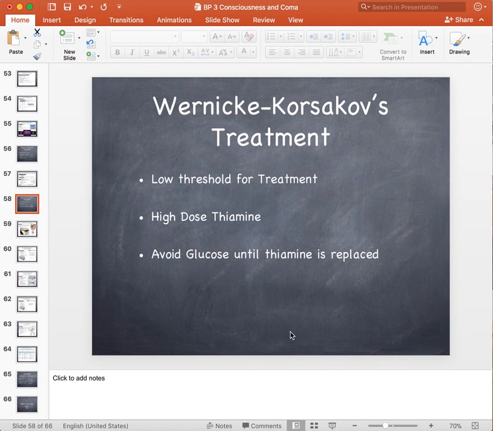TPP, thiamine pyrophosphate, is a cofactor in about 5 of those different enzyme pathways. So if you give too much glucose, you just put a lot of substrate in, and you exacerbate the already present thiamine deficiency.